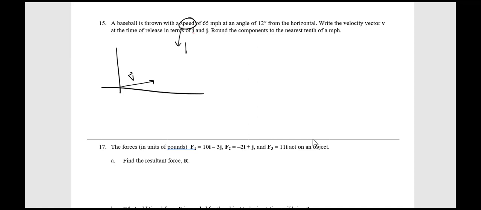That tells us that the magnitude of the velocity, that is what speed is. It's just how big that velocity is, regardless of the direction. Speed just has the scalar value of its magnitude. In this case, it's going to be 65 miles per hour. And we're told the angle of elevation above the horizontal is 12 degrees.